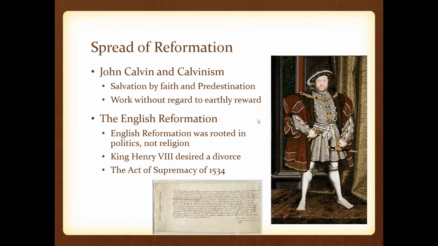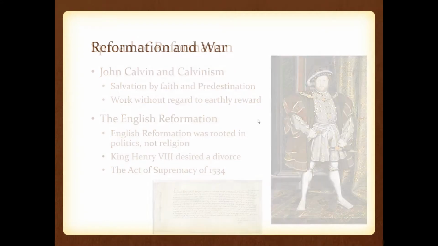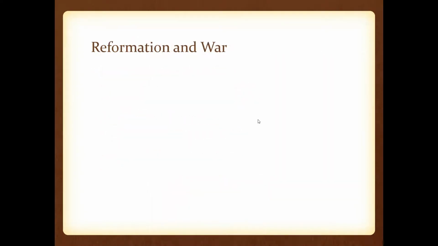And after this, you start seeing the wheels basically spin off, and you start seeing the Pope and Catholics and Protestants under their leaders begin to fight, begin to engage in conflict, and this leads to war.